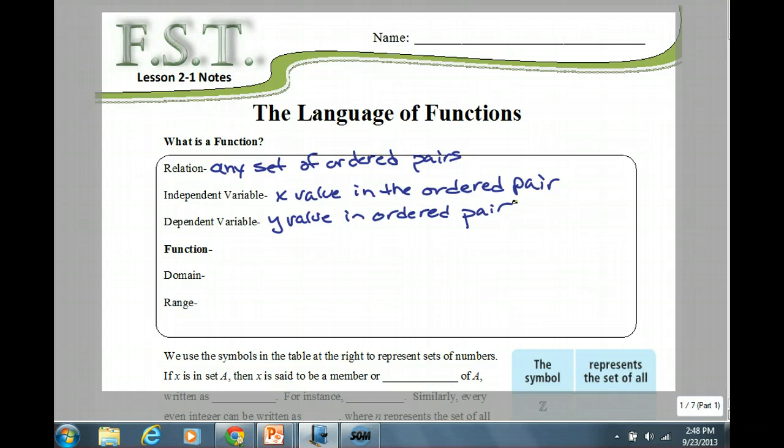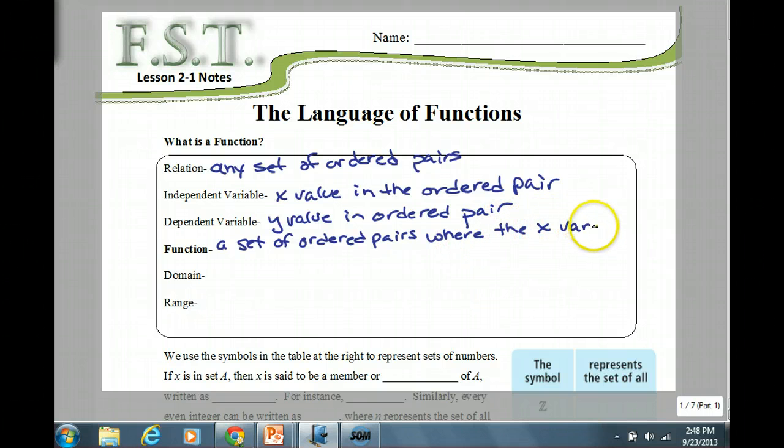Okay? A function is a set of ordered pairs where the x variable is paired with exactly one y variable.